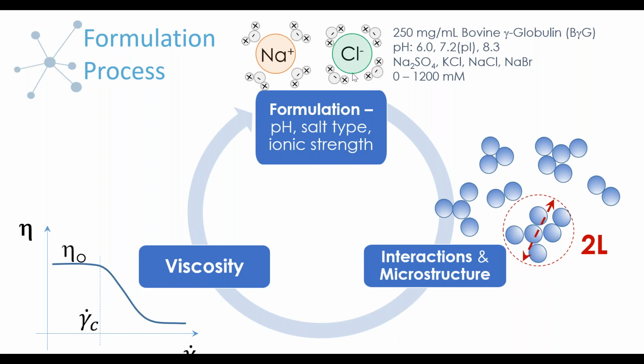And then that can influence the hydration of the protein, and also whether these salts can disrupt any sorts of attractions that exist between the proteins. So we're going to look at salt type, and also ionic strength, because that's also very clearly important as well. So that's our system that we're going to look at today to illustrate how viscosity is going to fit into this process.